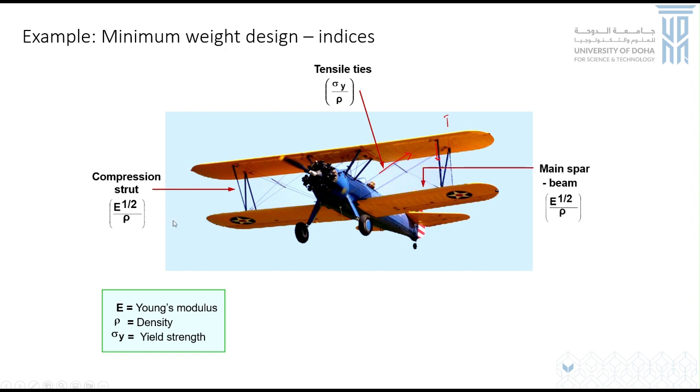So again, the same index is appearing, E raised to power half by rho. For the undercarriage, it's not just controlling the deflection, but the strength is also important, right? The compressive strength is important in this case, and therefore sigma yield raised to power 2 by 3 over rho is the index. Now again, I know you will have the question, where is this equation coming from? Very soon we'll be talking about that.